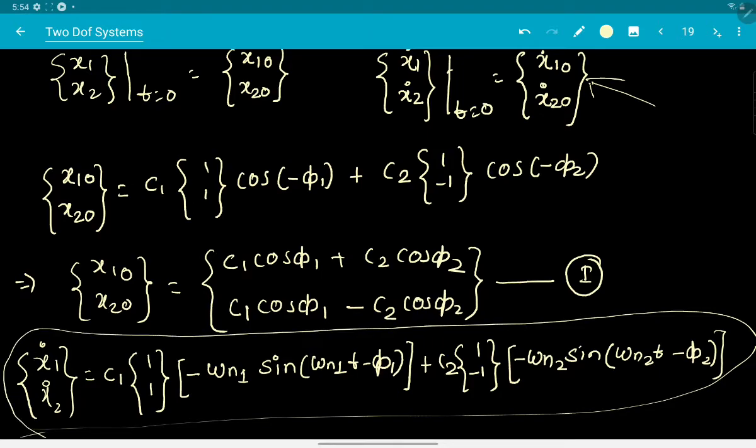What you will be doing is putting the value of t as 0 in this velocity expression.